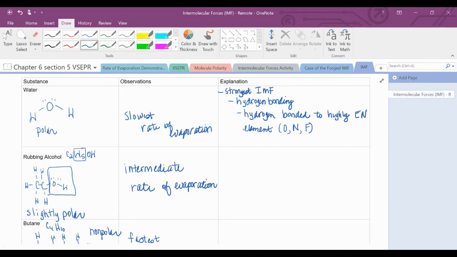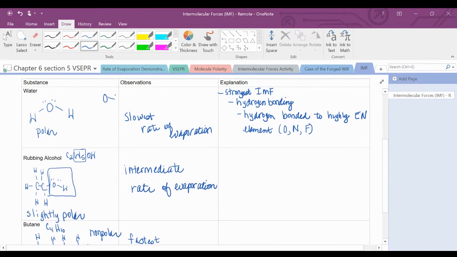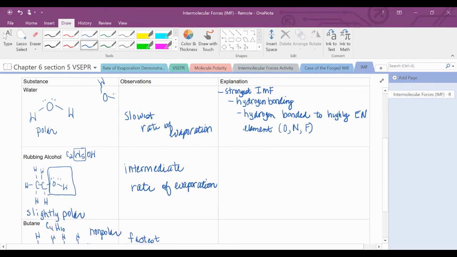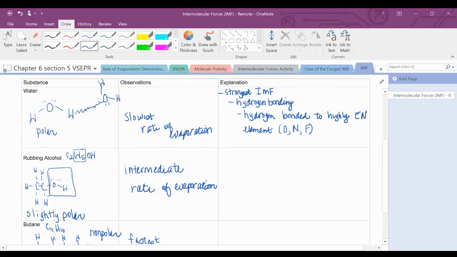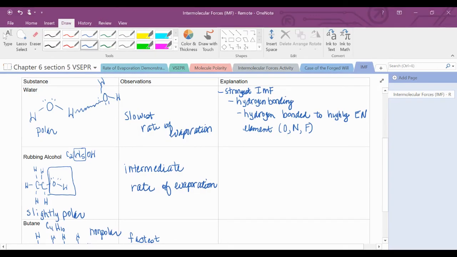So here's what I have. If I have two water molecules, so let me draw a second over here in my picture. And so my intermolecular force would be this. This hydrogen would be attracted to the oxygen of this water molecule. Because if you are thinking about polarity, remember that oxygen is highly electronegative.